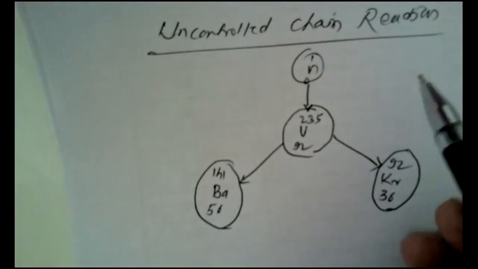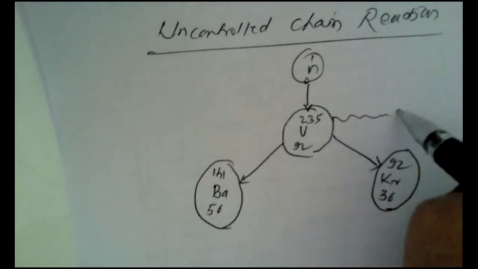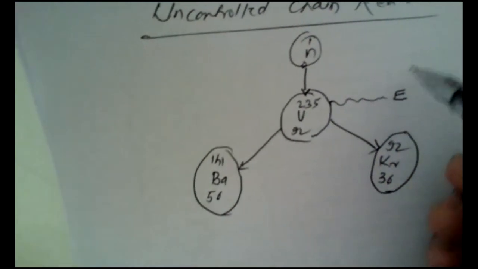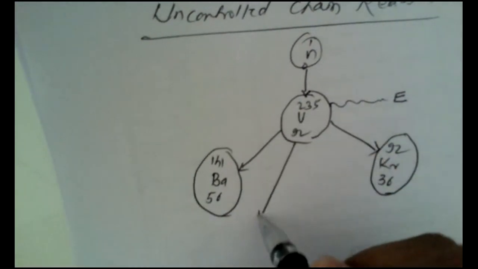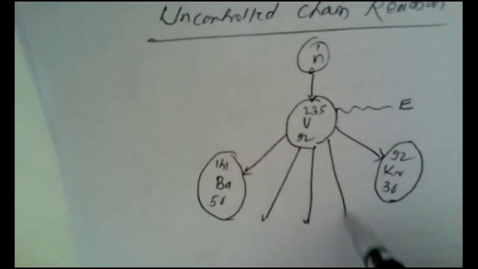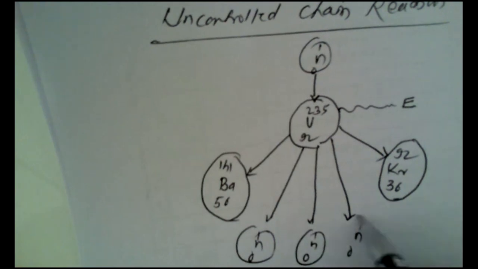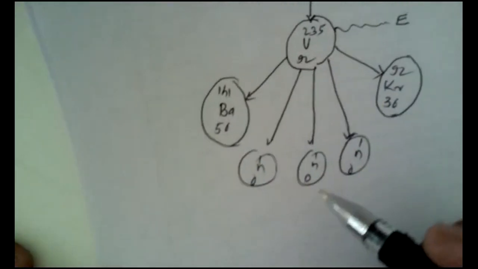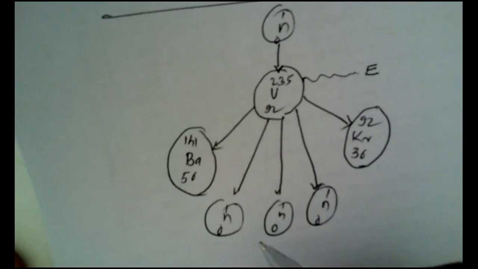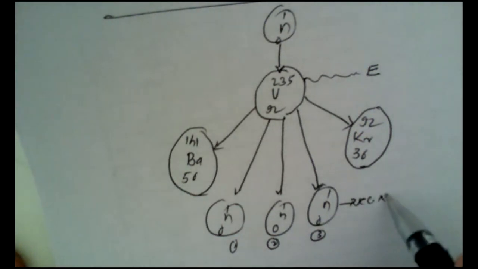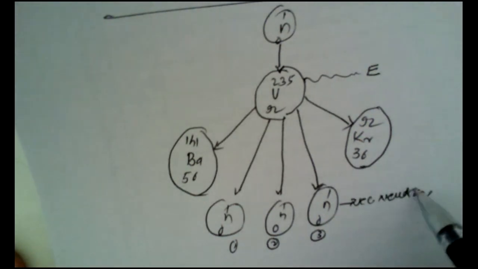What is next? A huge amount of energy is released. This is known as atomic energy or nuclear energy. During this course, again 3 neutrons are ejected: first neutron, second neutron, and third neutron. This is the first reaction. These are known as secondary neutrons.